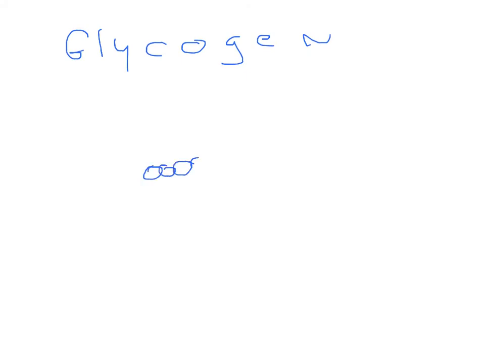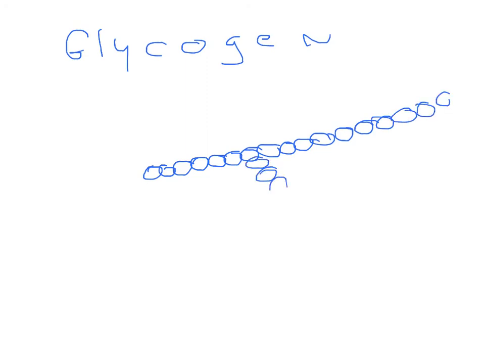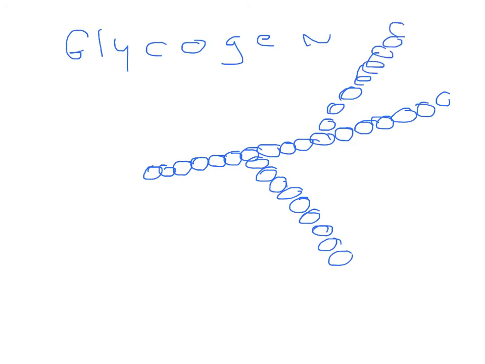And if I illustrate glucose molecules as a circle, glycogen has many, many, many glucose molecules linked together, and they branch. And so this is what glycogen would look like.